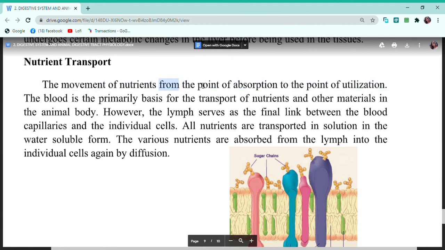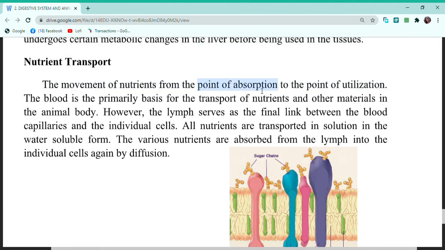So na-absorb siya doon sa blood, kunyari. So the blood is the primary basis for the transport. Si blood ang nagta-transport, no? O nagdadala ng nutrients at iba't ibang mga materials in the animal body.